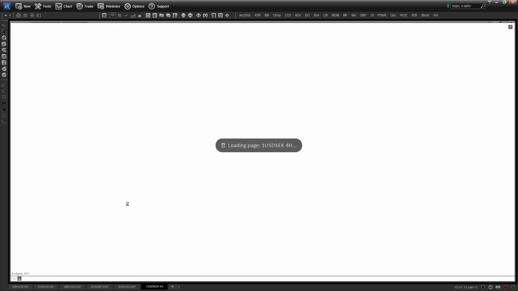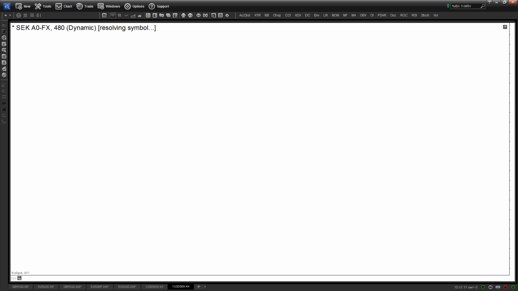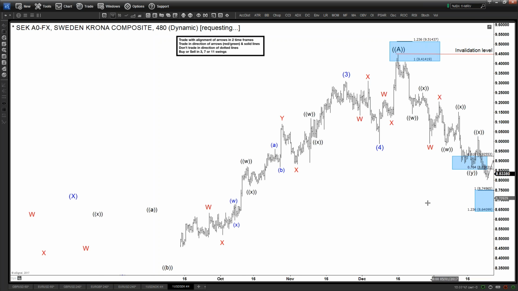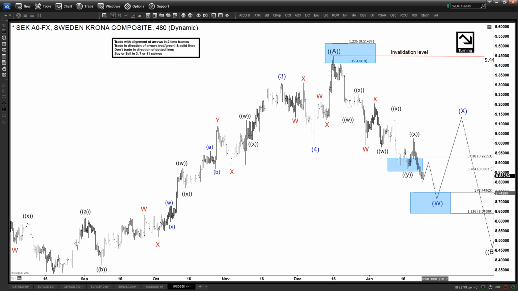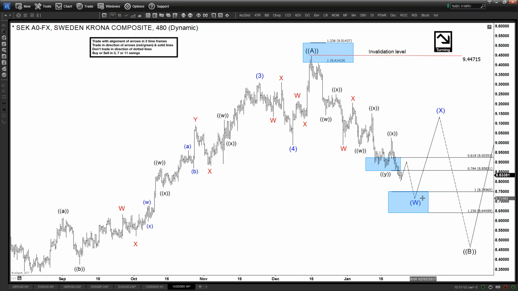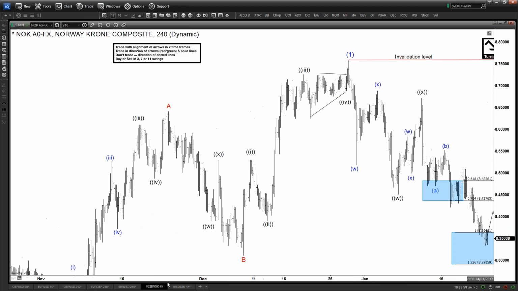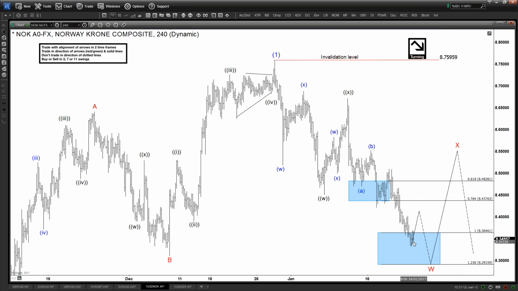And again, just like the pound dollar, it looks like when the dollar sec reaches equal legs over here, you can see, this is the blue box that we're talking about, equal legs on this December 15 peak, that can be the perfect timing for the turn here. Norwegian krone did reach equal legs already, so it's in bonus time, but it can extend as like A, B, 1, 2, 3, 4, 5, still can make another low. But it's in the area already.